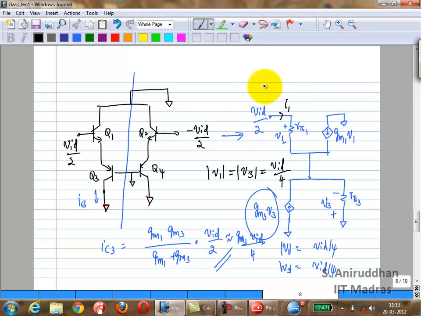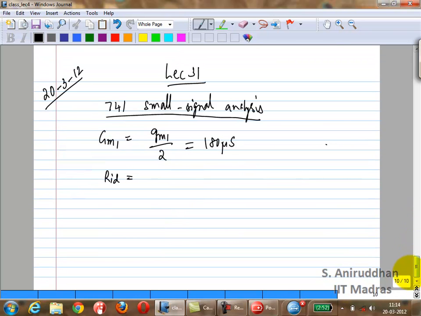What is the input impedance here for this equivalent circuit? You have basically calculated I1. Because the voltages divide equally, the input impedance will just be 2 R pi 1 for this circuit. If you take the overall RID, it will be 4 R pi 1. Correct? What is this?